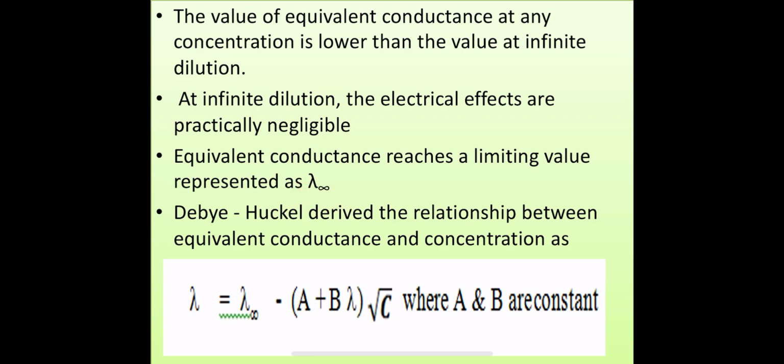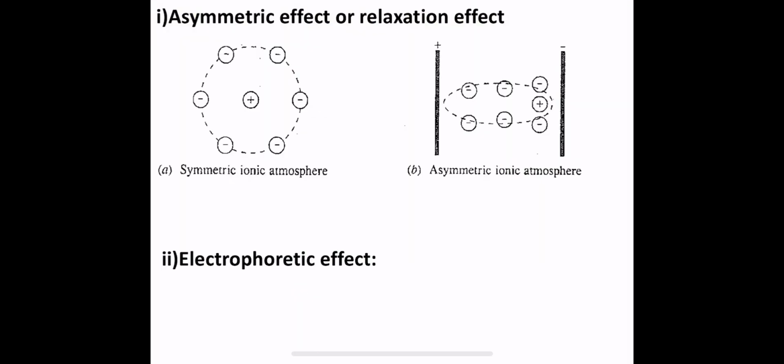For a univalent electrolyte, considering all these factors, Debye-Huckel derived the relationship between equivalent conductance and concentration. Okay, so this is the new relationship between the equivalent conductance and the concentration, which has been deduced by Debye-Huckel, keeping in consideration the effects which are observed, that is the asymmetric effect and the electrophoretic effect.